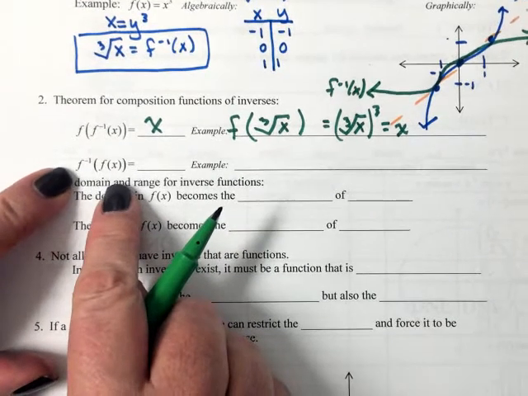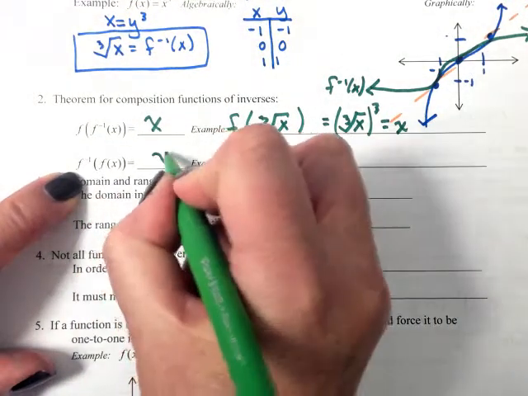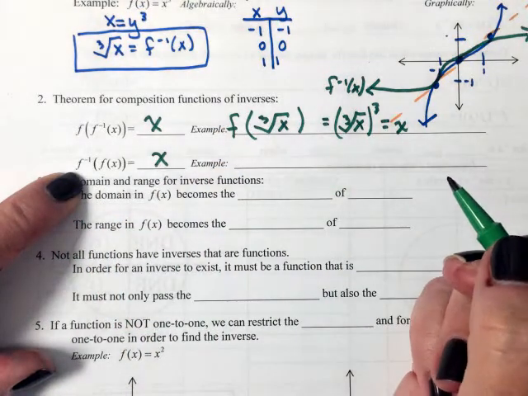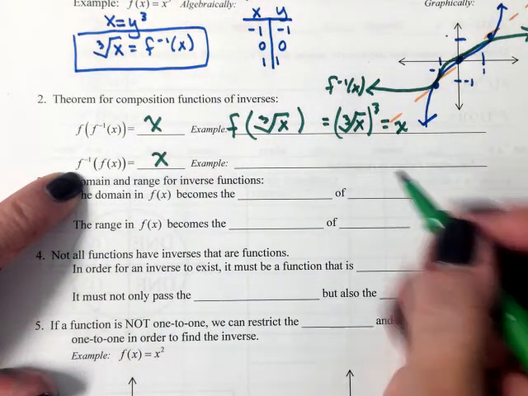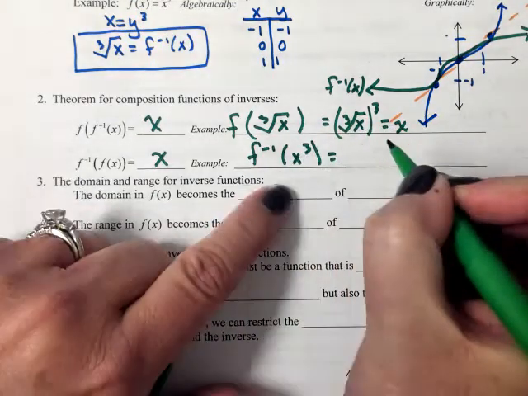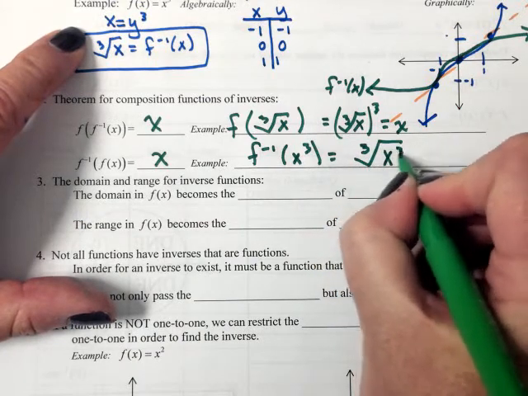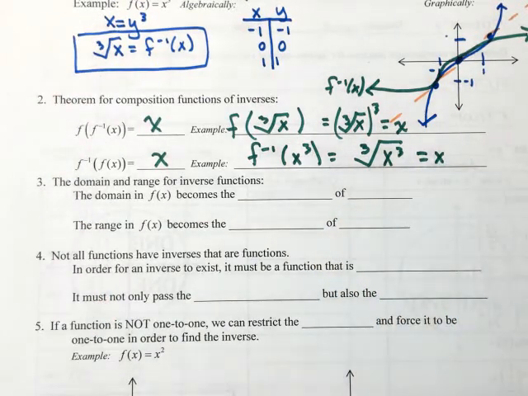Remember, this is the only time composition of functions may be commutative. Again, this would also be equal to x. If I take my function x to the third and plug it into my inverse, I'm going to end up with just x.